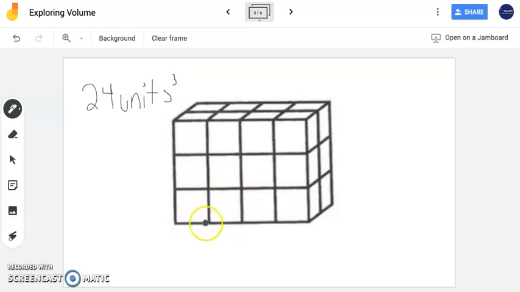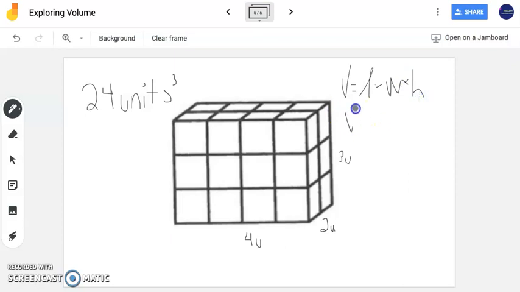I'm going to count: my length is 4 units, my width is 2 units, and my height is 3 units. So now my volume is my length times my width times my height.